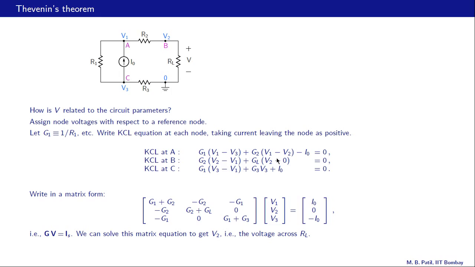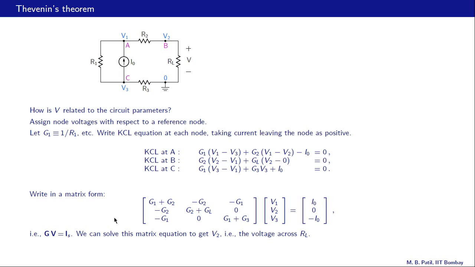The coefficient is minus G2, so that goes there, and that multiplies V2. And the coefficient of V3 is minus G1, so that goes over there. In addition, we have minus I0 over here, and since that does not depend on V1, V2 or V3, we take that to the right hand side, so it becomes plus I0, and that is how it appears here.